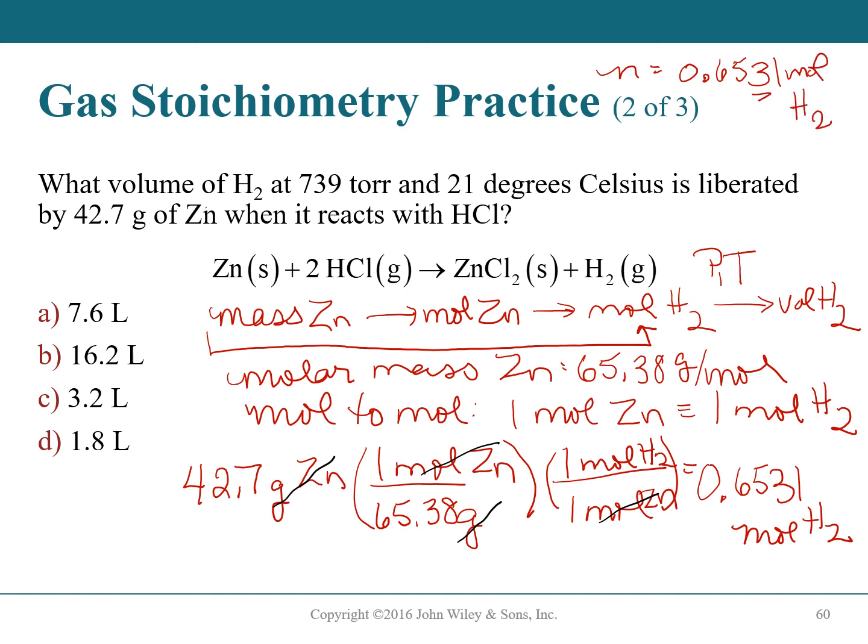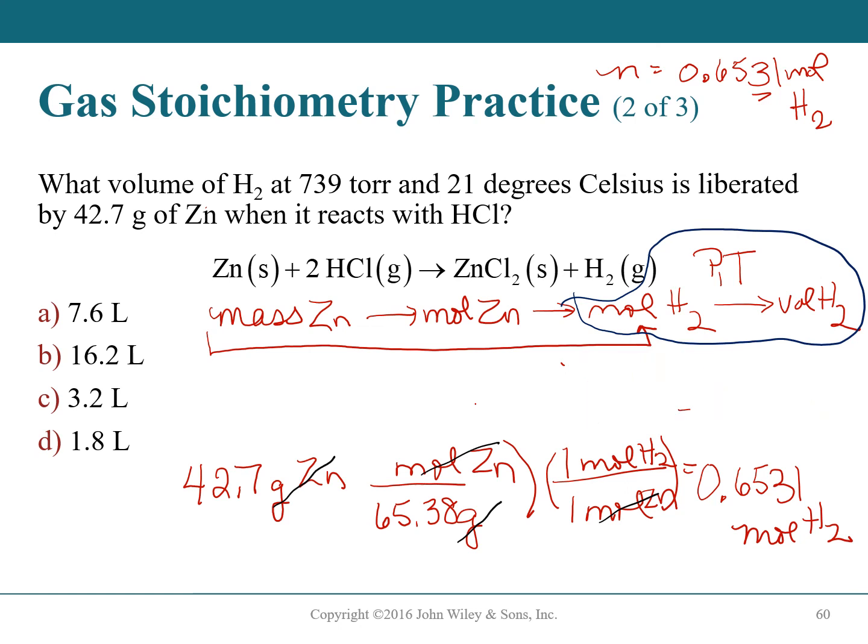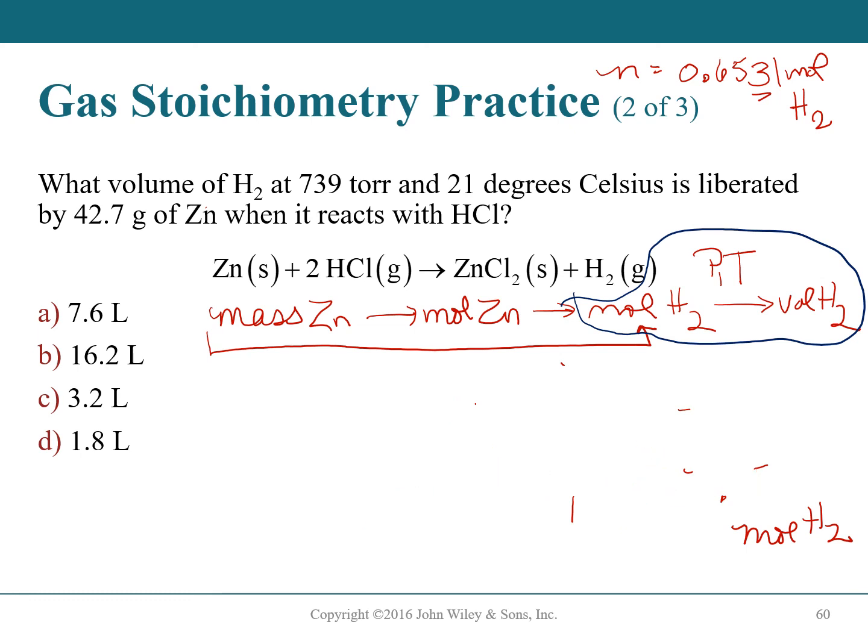Okay. So now we need to collect everything we need to do this last step. Okay. So let's do this last step now. And that's going to use the ideal gas law. Okay. So let's write that down. All right, so for the ideal gas law, we know that PV is nRT.